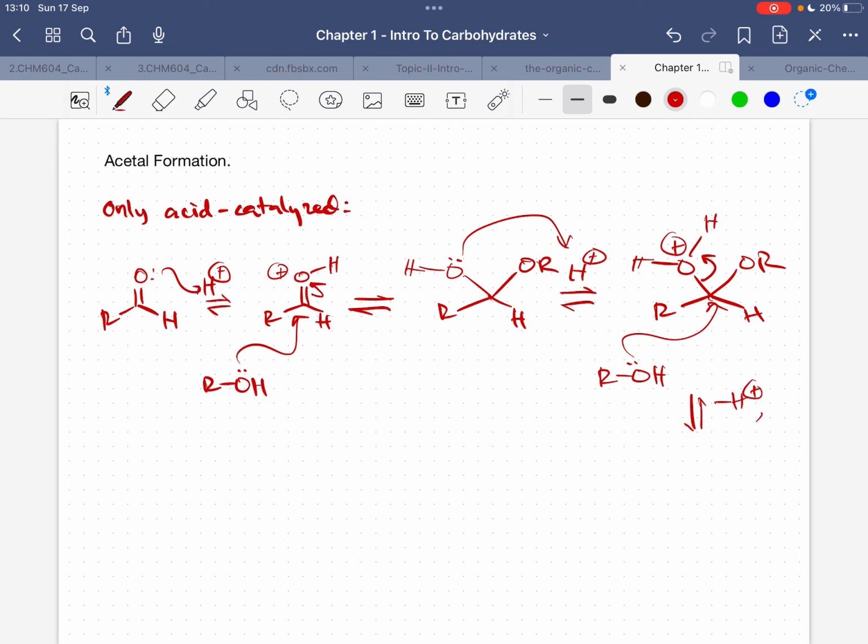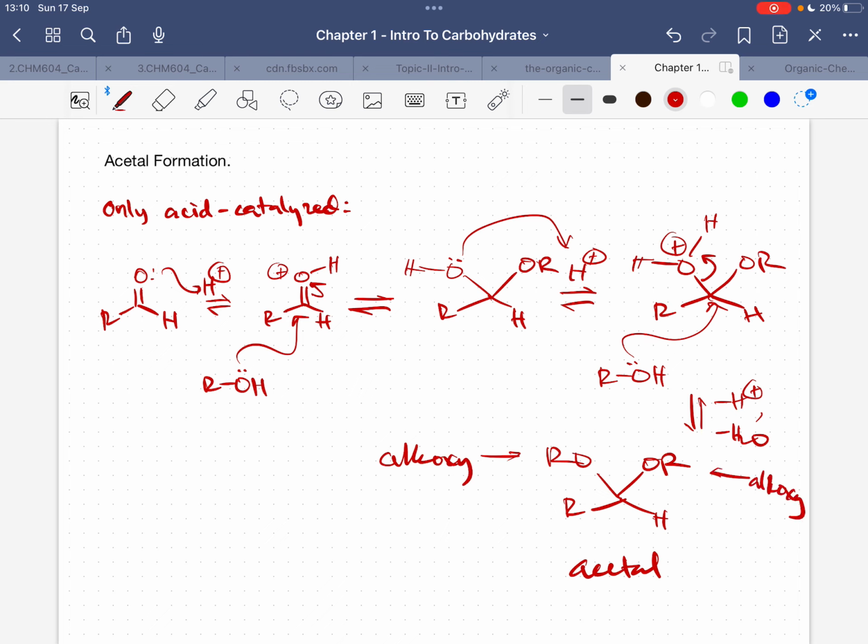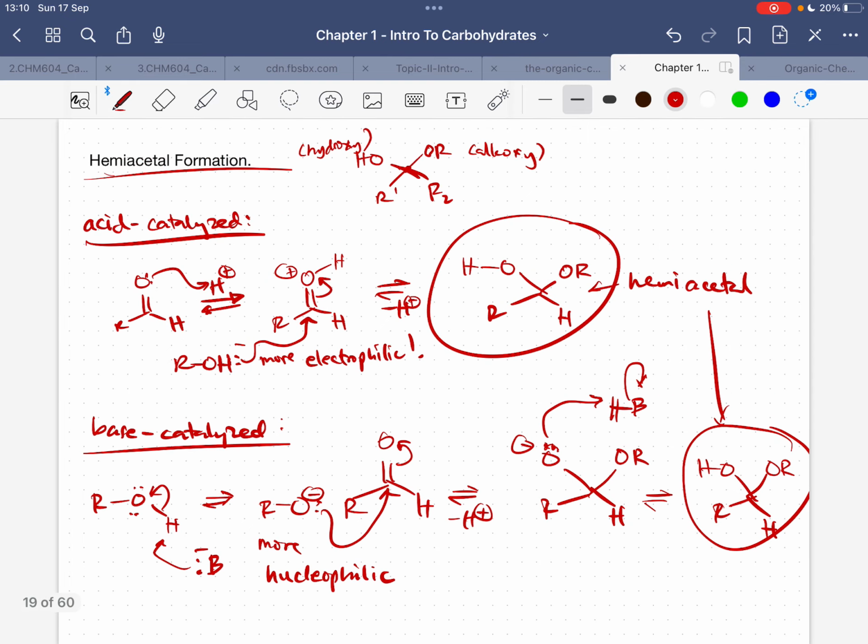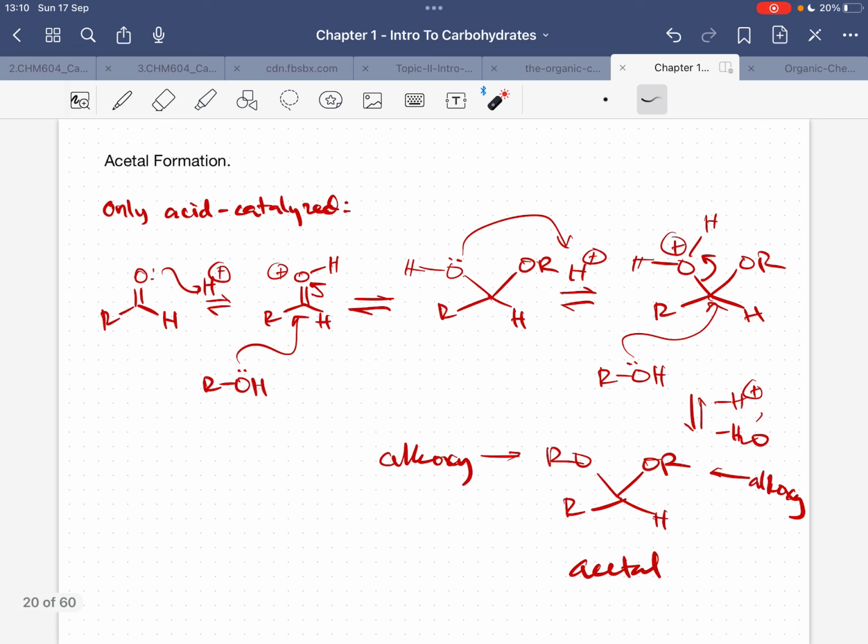Minus H plus, then minus water. So this now becomes this, an acetal. The acetal has two alkoxy groups. So the hemiacetal has OH, OR. The acetal has two OR groups.